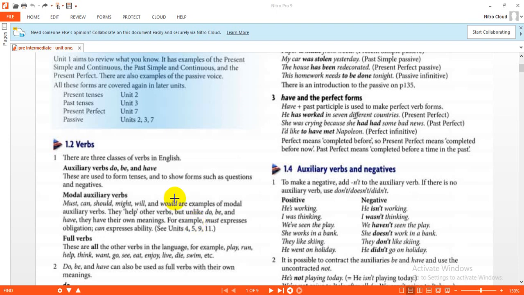Example of modal auxiliary. هذه الأفعال هي أفعال مساعدة مشروطة، تكون هذه الأفعال على عكس الأفعال اللي تطرقنا لها اللي هي do و be و have.